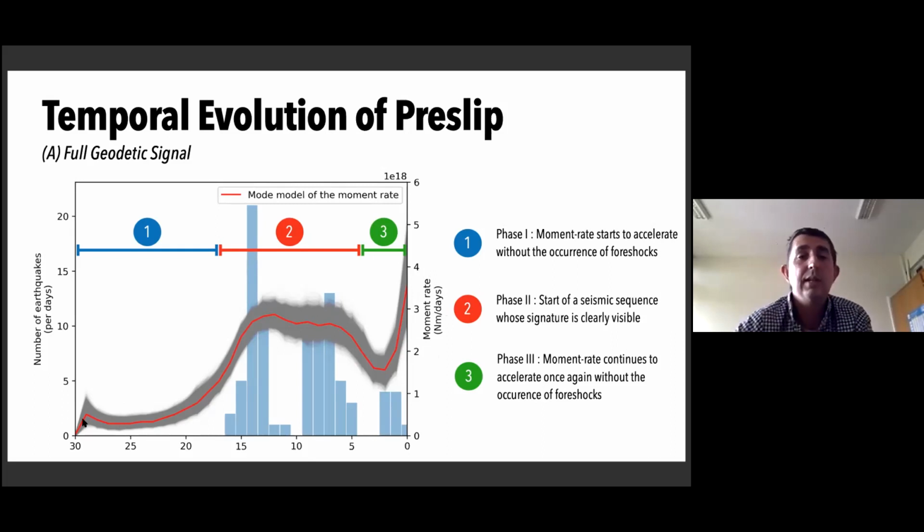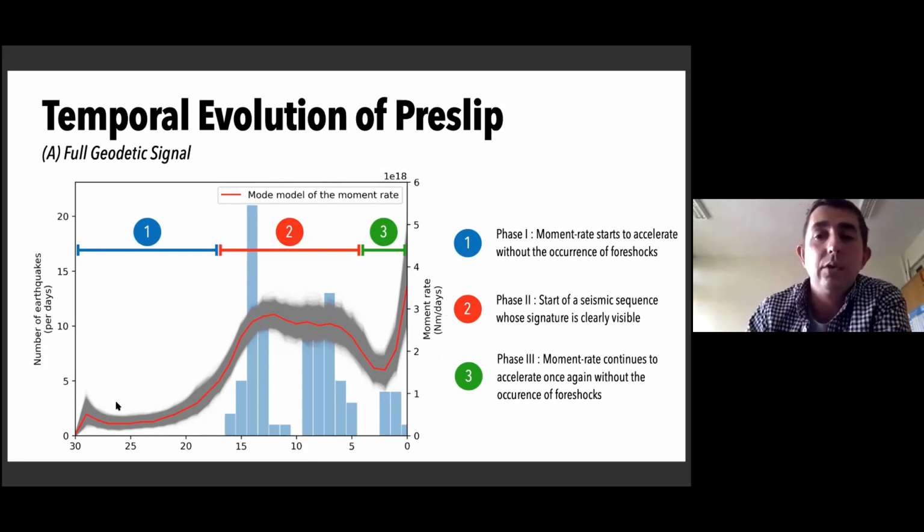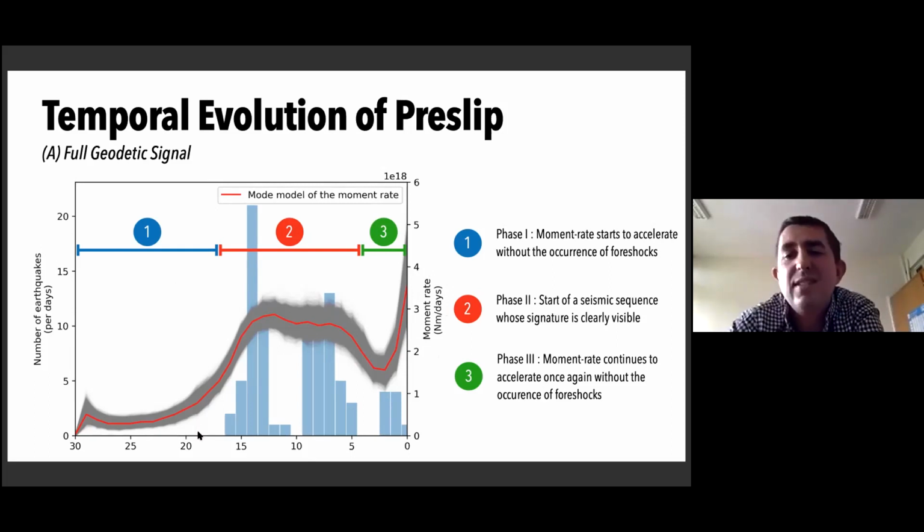What we find is that there are three phases. The first one lasts for about 10 days or so, and in it the moment rate does start to accelerate a little bit, but not so much. And there is no earthquake occurring during this phase.